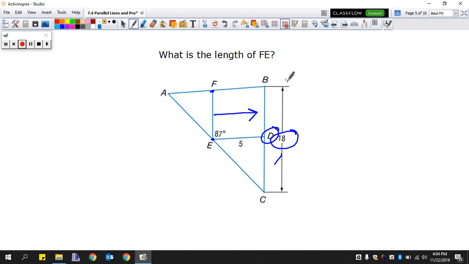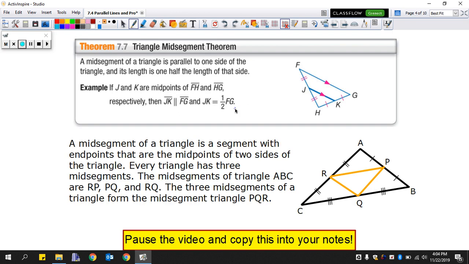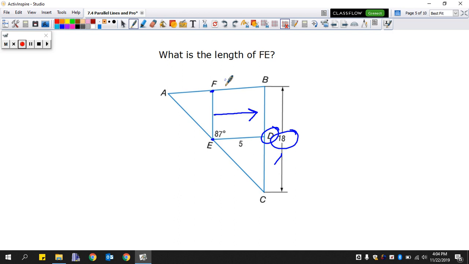According to the theorem we just learned, the triangle midsegment theorem, this midsegment is half of 18, which means that FE is equal to 9. And I didn't draw my congruency symbols, but this is congruent to this, and this is congruent to that. We were given that in the example.